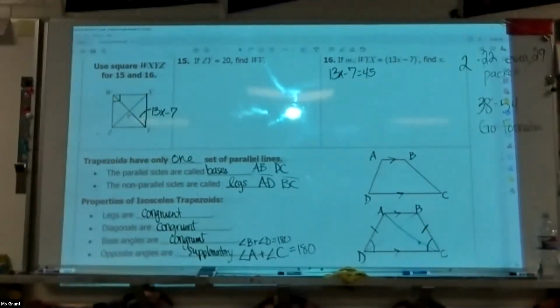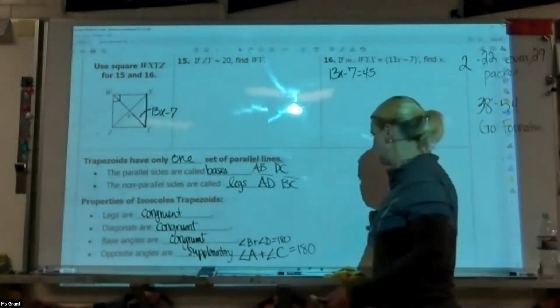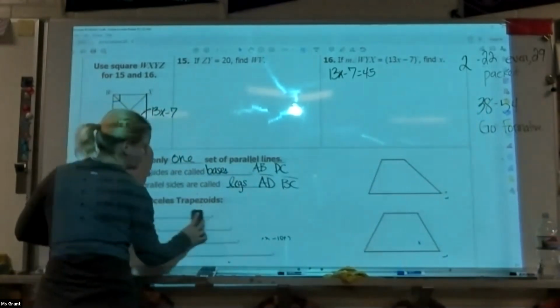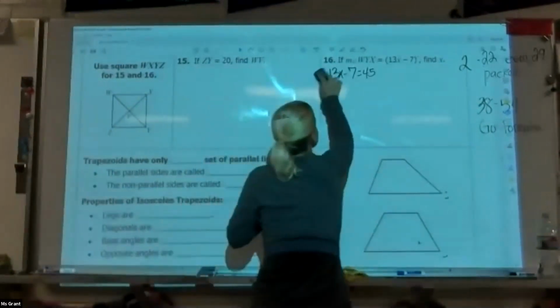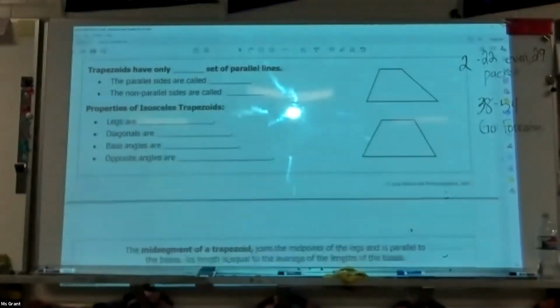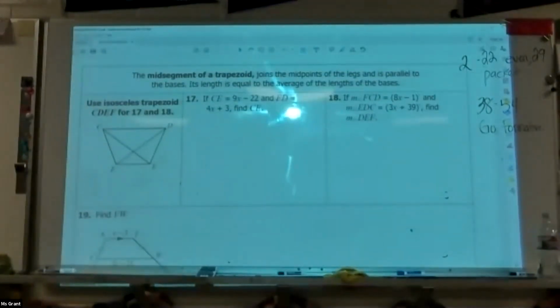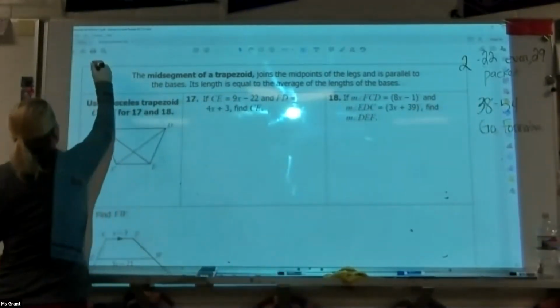Let's go on to the next. All right, trapezoids. So the only even number in the trapezoid section is 18. So can you guys look at 18? The mid segment of a trapezoid, we draw one.